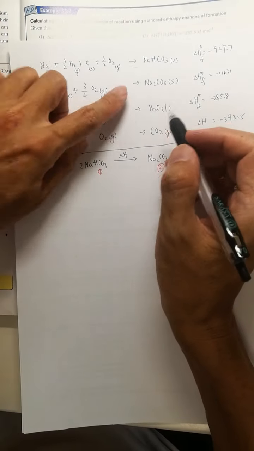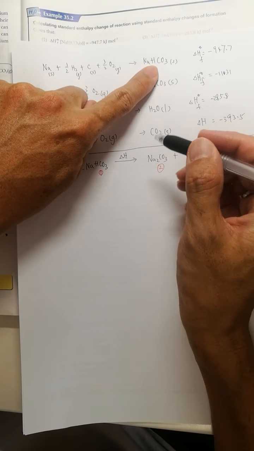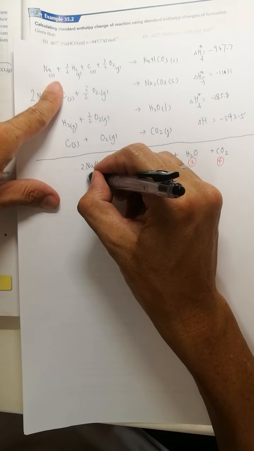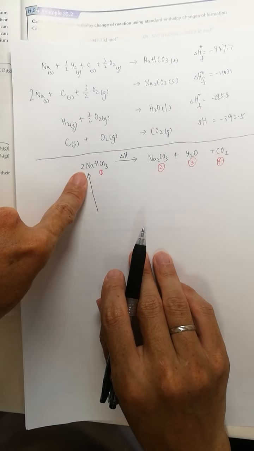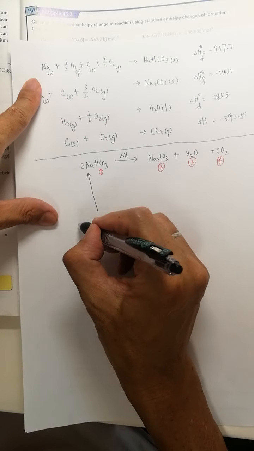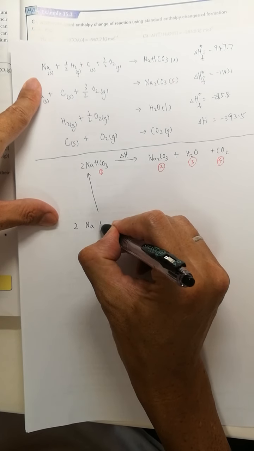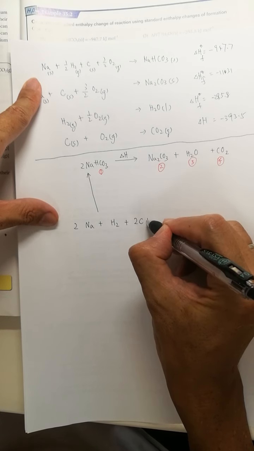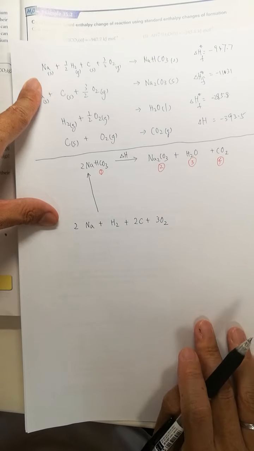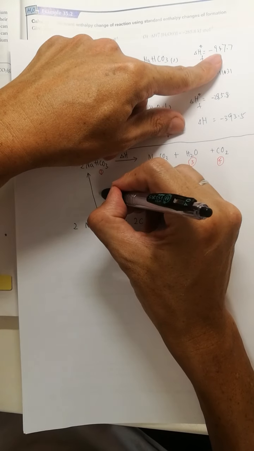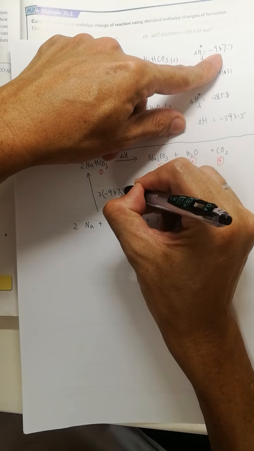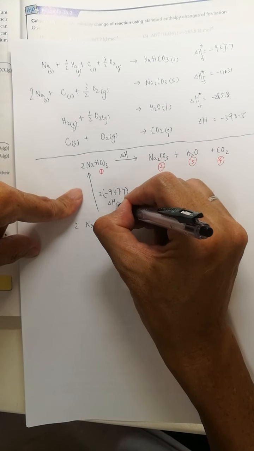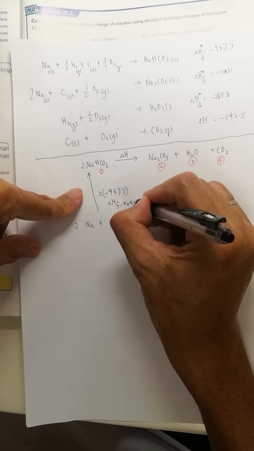Okay, I add the sodium hydrogen carbonate first: 2 times equation 1, so two times the energy, or 2 times delta HF of sodium hydrogen carbonate.